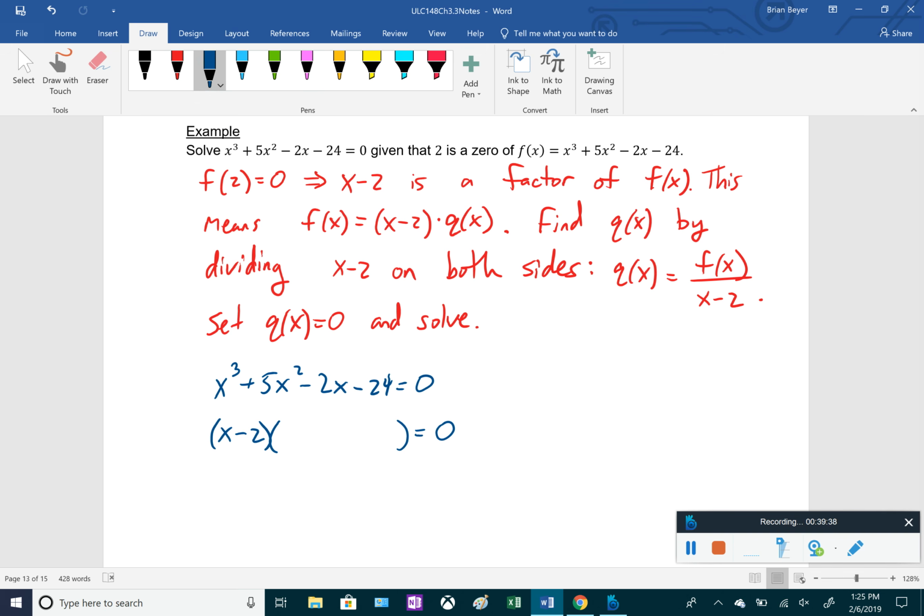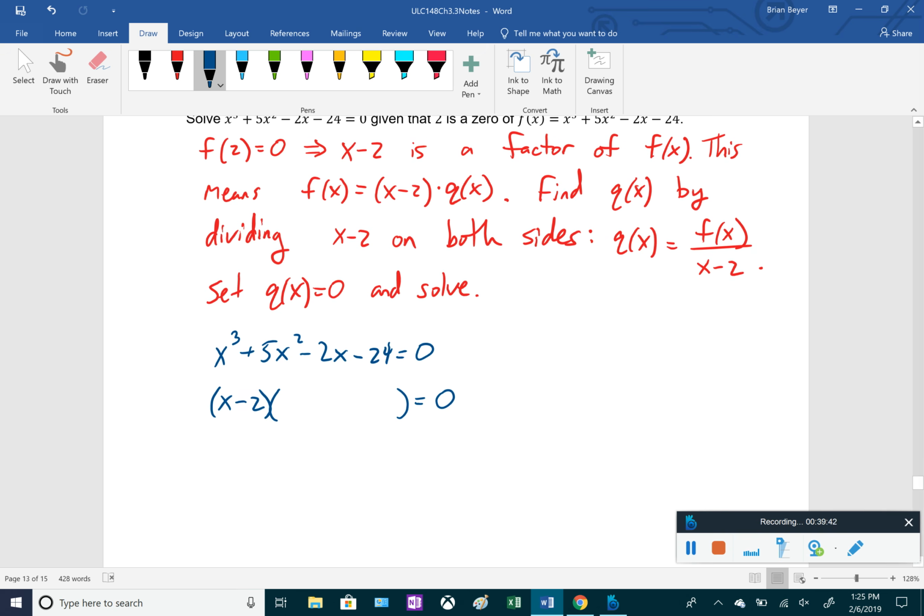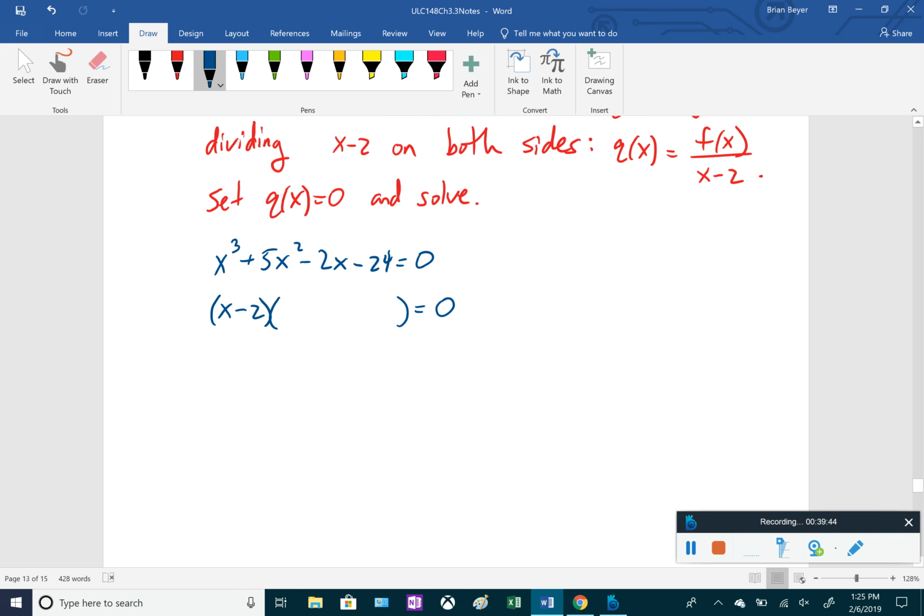So we can find that something else by using synthetic division. So synthetic division here, we plug in our c value of 2. We put our coefficients of the dividend, which is just the function: 1, 5, negative 2, negative 24. And then we do exactly what we were just doing. We know the remainder is going to be 0 already, which it always will be for these questions.